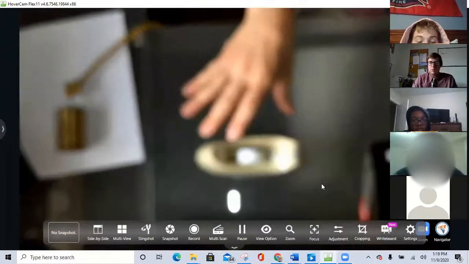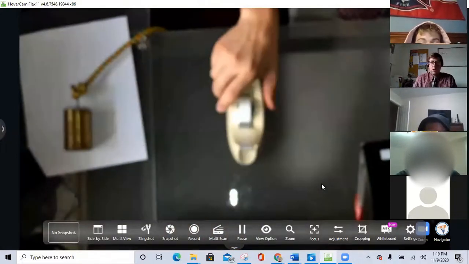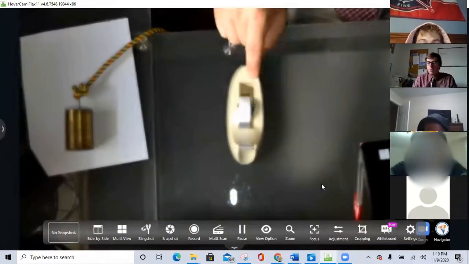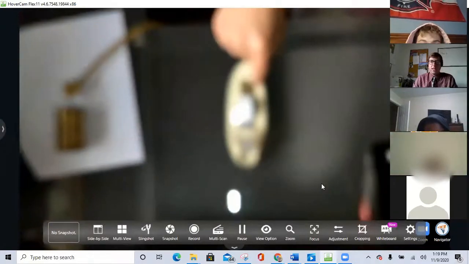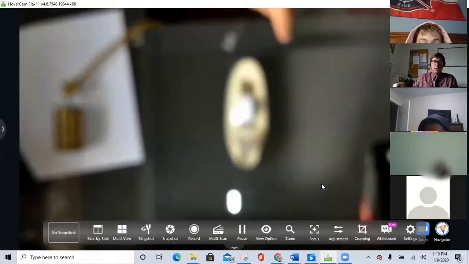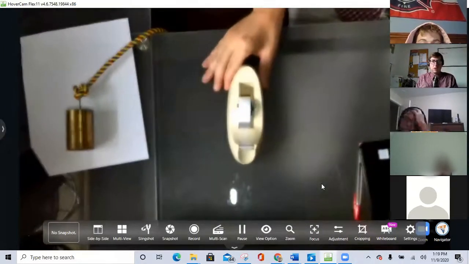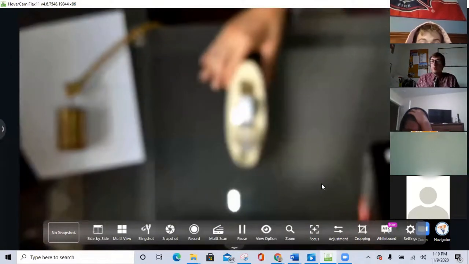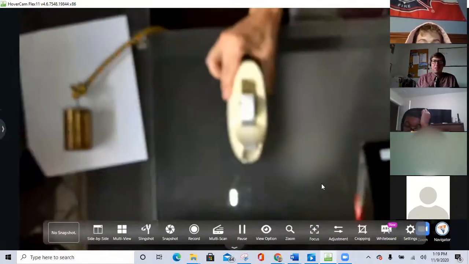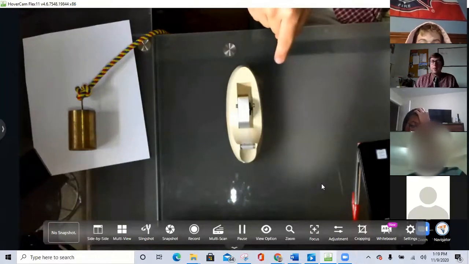If you want to stay in your constant state of motion, forces must be balanced. Now, this tape dispenser has a force on it. The force is gravity, right?